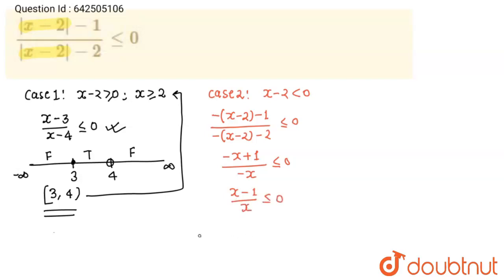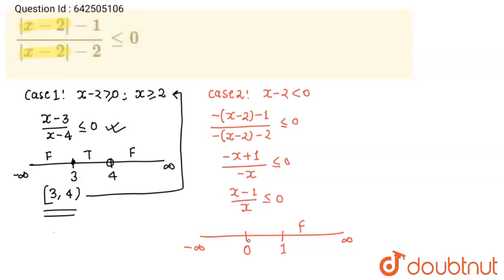Now I am going to draw a number line for this inequality and solve it. From the numerator we get the number 1 and from the denominator we get 0. Any number greater than 1, this statement is going to be false, because the numerator will be positive, the denominator will be positive, positive upon positive will be positive, and positive is not less than equals to 0.